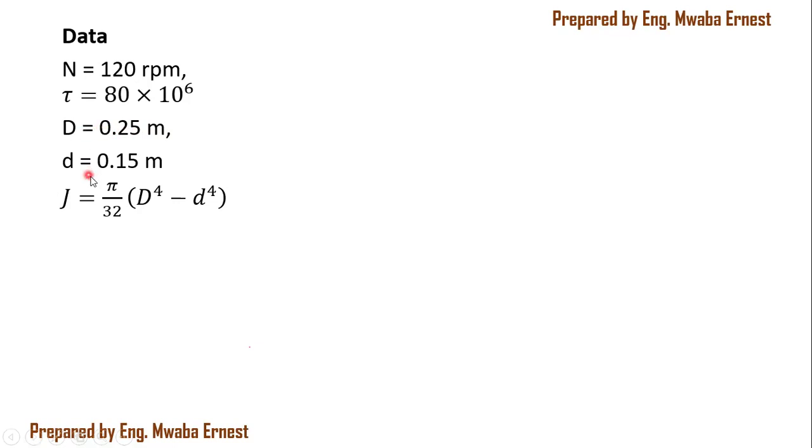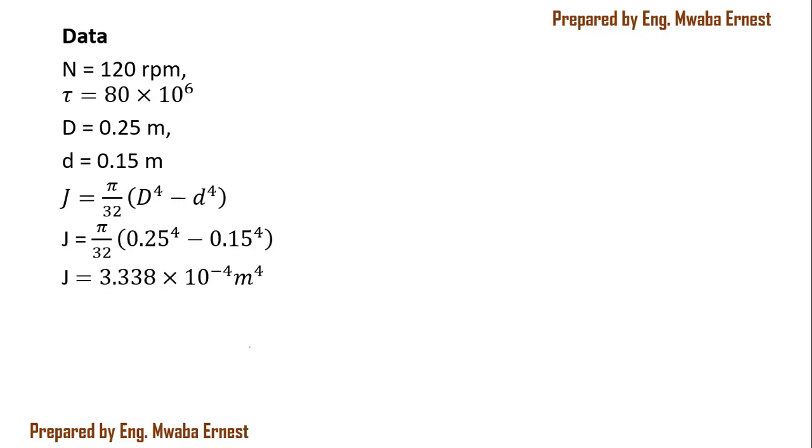Okay, so inner diameter 0.15, outer 0.25. Then J, the polar moment of inertia, is pi over 32 times D to the 4 minus d to the 4. So we just substitute: pi over 32, then 0.25 power 4 minus 0.15 power 4.